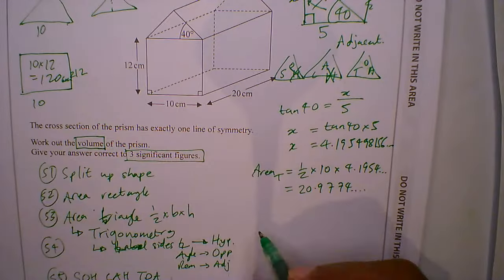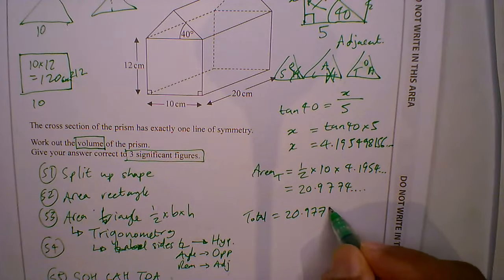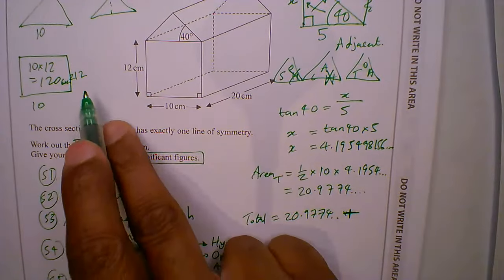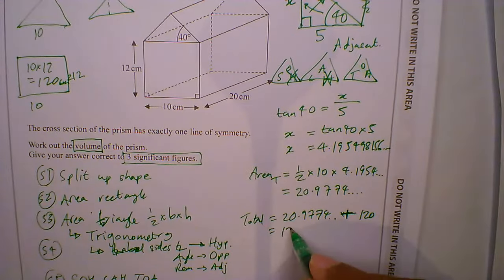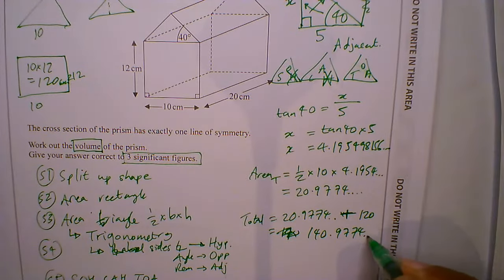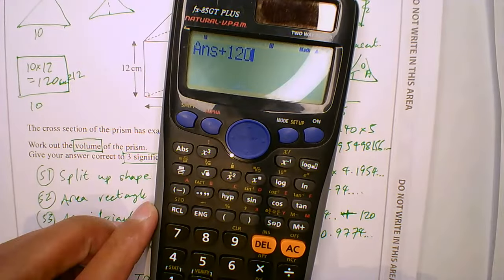So total area equals 20.9774 plus the other one was 120. So that gives me 140 point something, 0.9774... So let me just use my calculator, add 120.